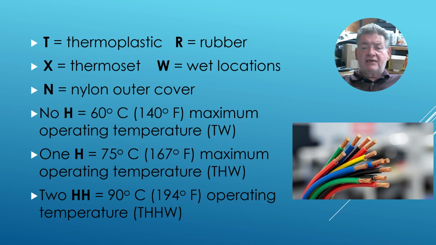And if we have two H's in the insulation type, it indicates that that insulation has a maximum temperature rating of 90 degrees Celsius, which is 194 degrees Fahrenheit, such as THHW or THHN.